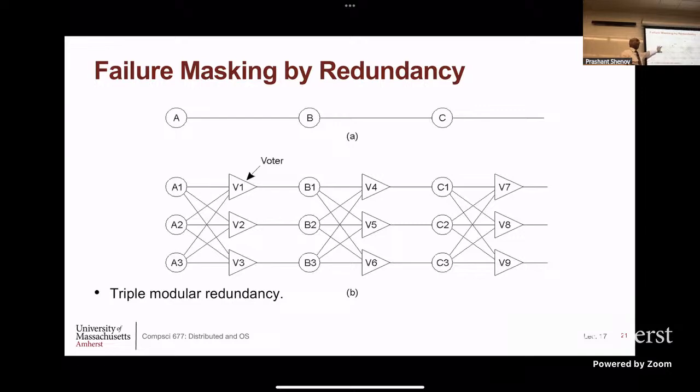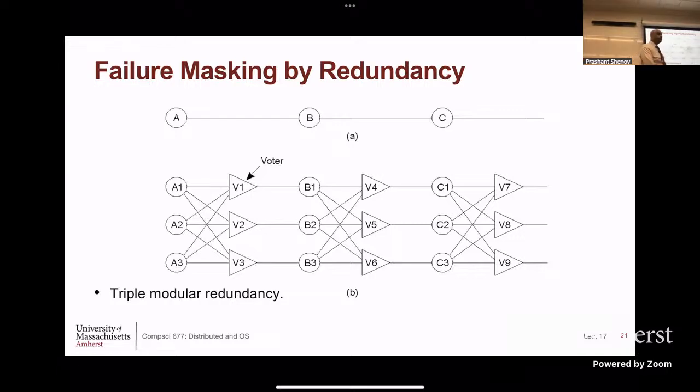If A1 and A2 fail at the same time, then the system will stop working, because they might both produce the wrong result and the voter will think that's the right result and feed it. Right? So you will always design the system to tolerate some types of failure. If the failure is not aligned with what you designed for, then all bets are off. So long as you have one failure, yes, it will work fine. Is that clear? Any other question?